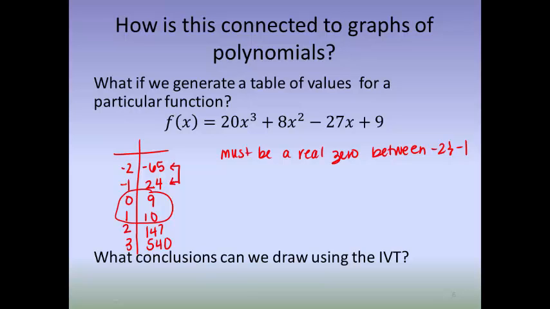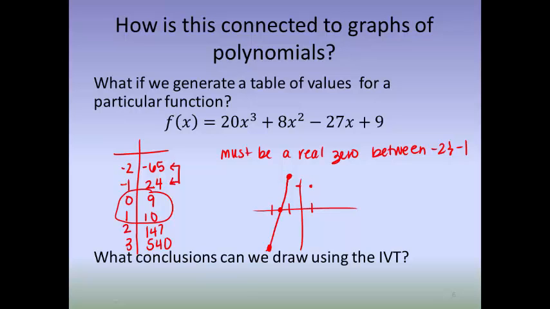So you can use some of your zooming options and maybe change your window to look a little bit closer at that part. But what I do know is that between -2 and -1, it did cross the x-axis. I don't know exactly where, but I do know that at -2 it was down at -65, but at -1 it was up at +24. And then it came down again, and I can see something's happening in here.